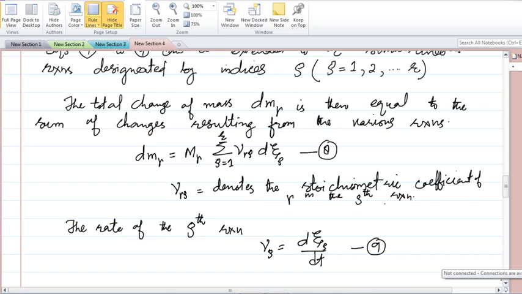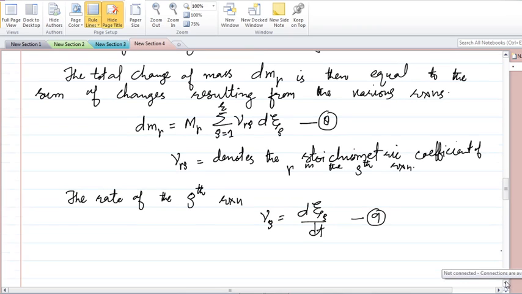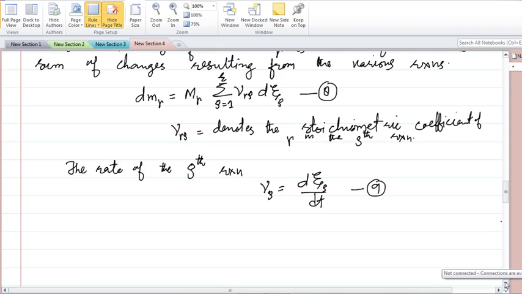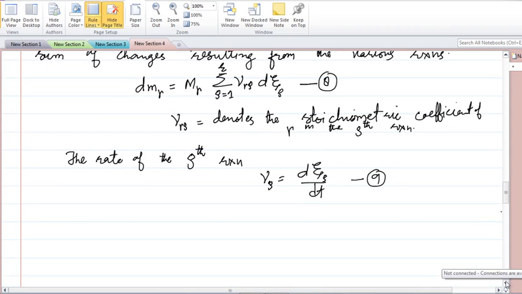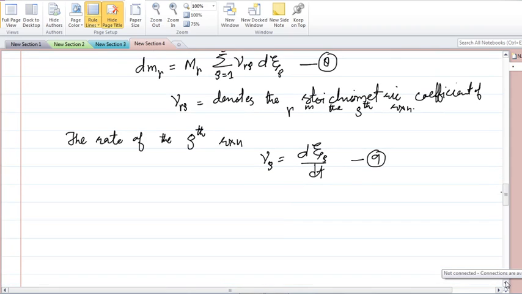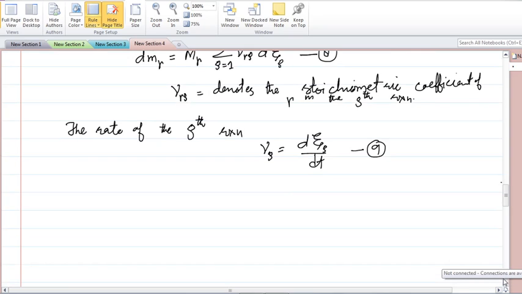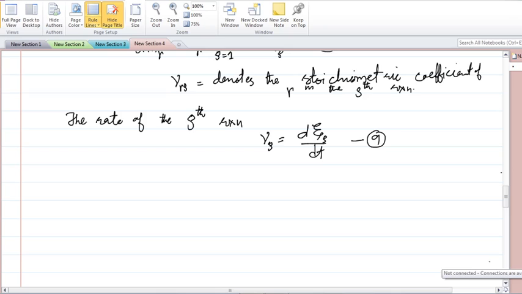So this is equation number 9. To understand these simultaneous reactions and how to calculate the change in number of moles or change in mass, we will take an example here.